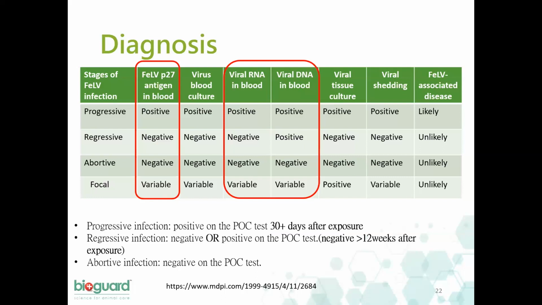So the result is positive after exposure of 30 days, and there is likely FeLV-associated disease during this stage. For the regressive infection, the result can be negative or positive on the POC. It is negative if it's less than 12 weeks, and it's positive if positive in viral DNA.